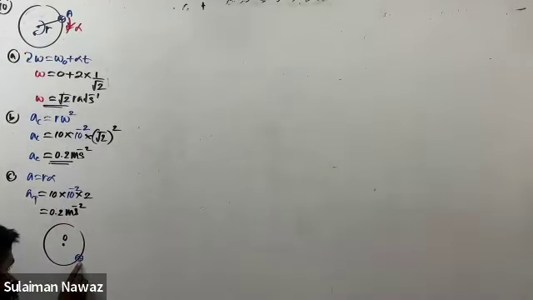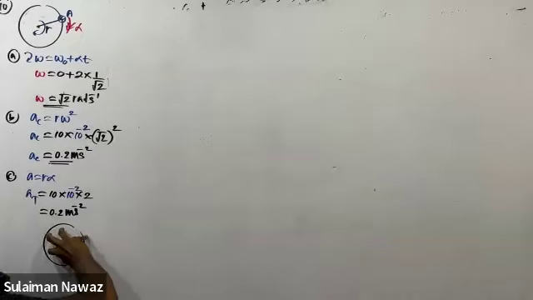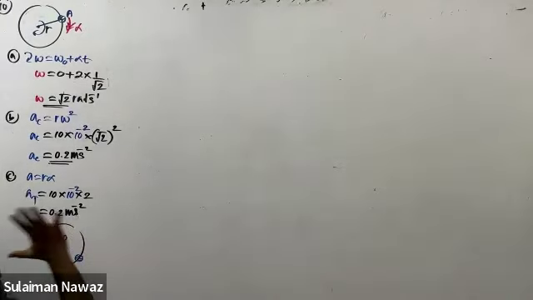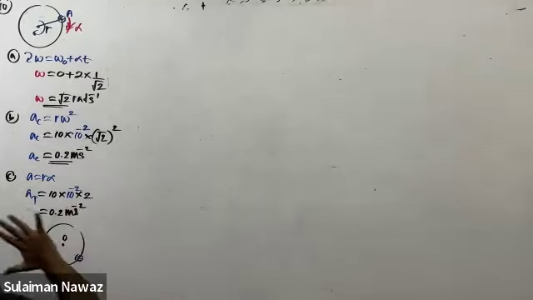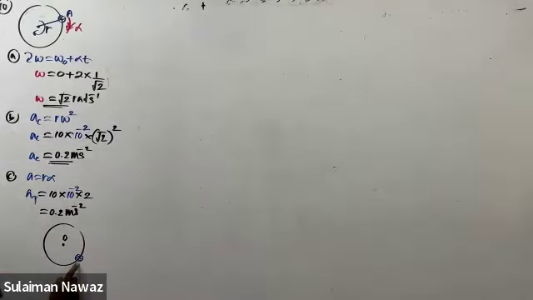Now this is continuously rotating. Imagine what is really happening. When you freeze a certain instant, if you can freeze the time, this is the location of the particle, and the direction of centripetal acceleration is always to the center.